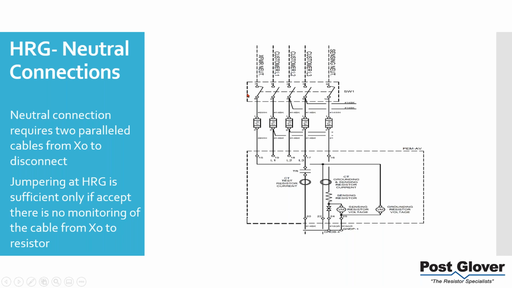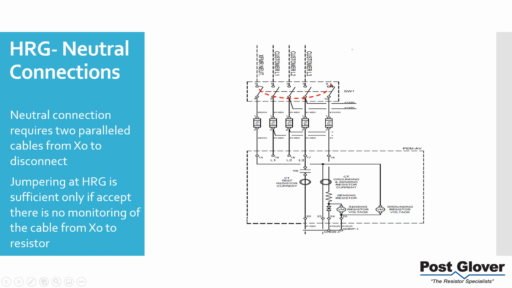One thing I will mention is a lot of people say, either I've seen it in the field happen, or I've seen people ask the question, why can't we just jumper this, Chris? So I have this XO coming in, my 8 gauge cable coming in here. Why can't I just jumper from this neutral over to here and just monitor that way?